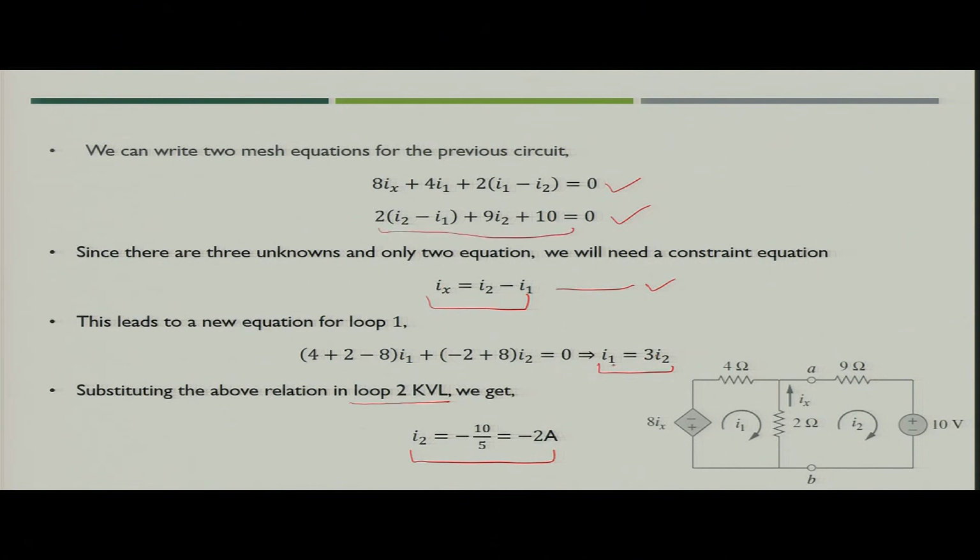Put the value of I 1 here, solve it, and you will get I 2 is minus 2 ampere. Now, this is what you got when you did not apply Thevenin theorem to solve this particular circuit.